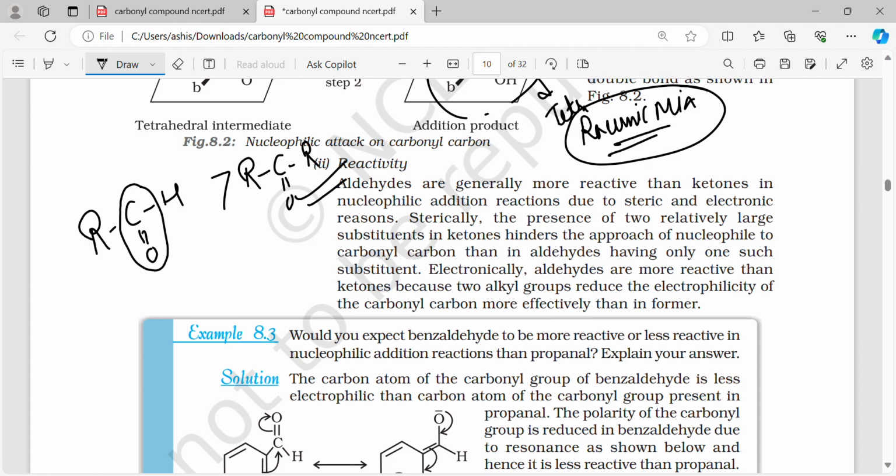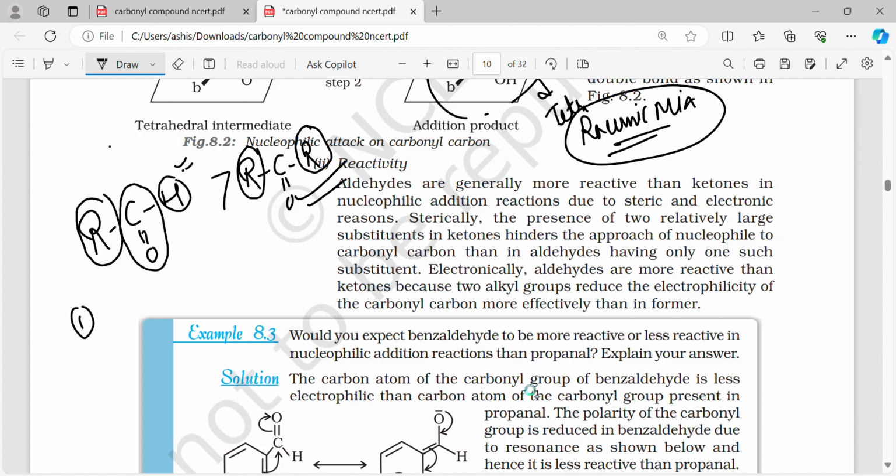Reactivity of carbonyl compounds towards nucleophilic addition reaction depends on two factors. First factor is steric hindrance. In aldehyde there is an H attached to carbon. So we can say the atomic size of H is very small compared to the two carbon atoms present in ketone.